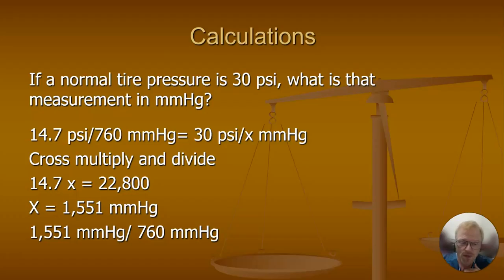So I divide 1,551 by 760, and I end up with 2.04 atmospheres. So the amount of pressure in your tires is twice the barometric pressure that is at sea level.